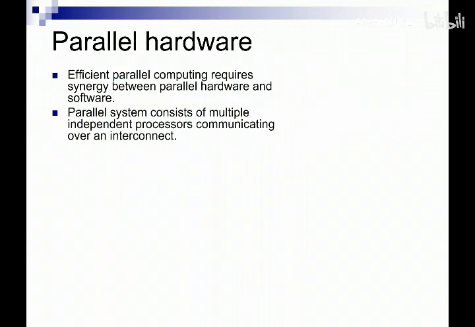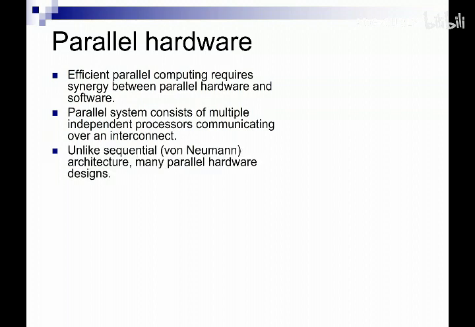And this is done through an interconnect, a communication interconnect between the processors. Okay, so as I mentioned, when you look at sequential computing, there's basically one model, which is this von Neumann model, right? So the von Neumann model is that you have memory and you have a processor, and then you have communication between these two things.